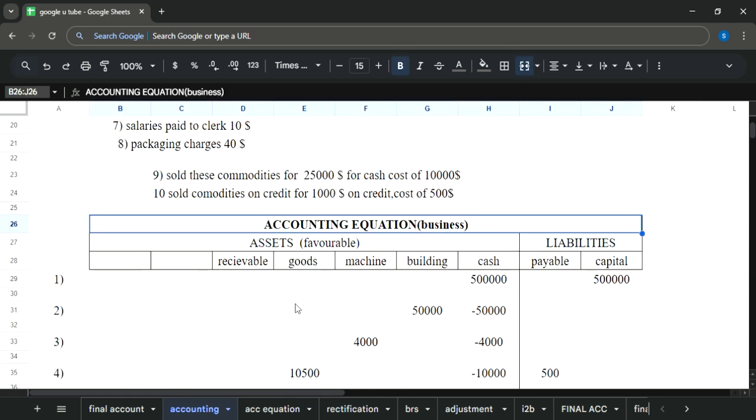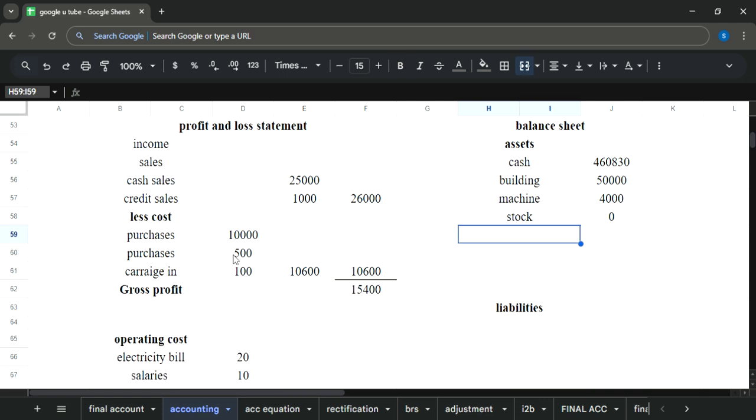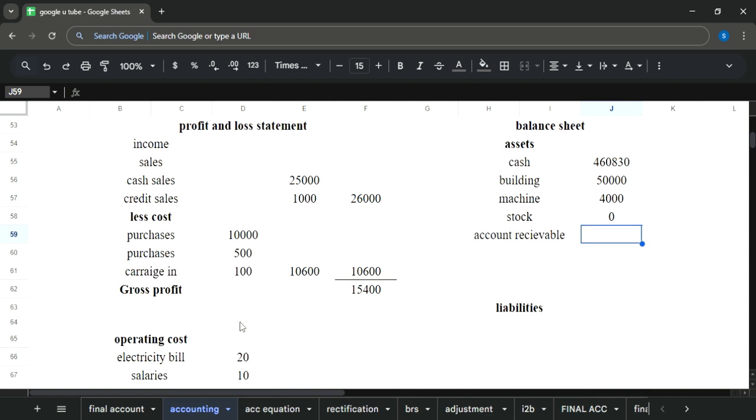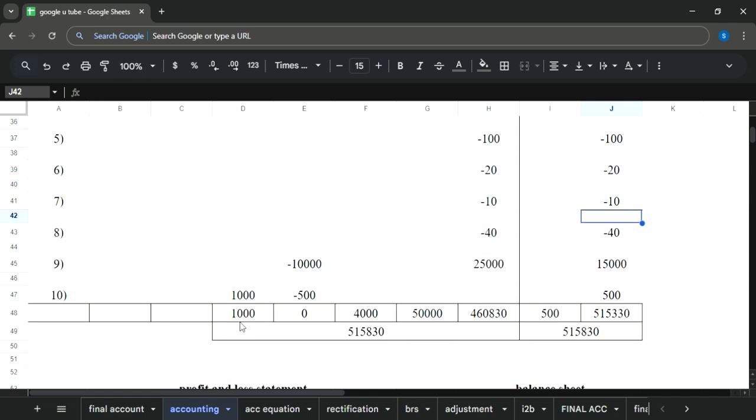Now the last thing which you will enter is receivable accounts. That means the persons from whom you are still to receive the amount. Those are called receivables, and they were 1,000. So put 1,000 in receivable account.